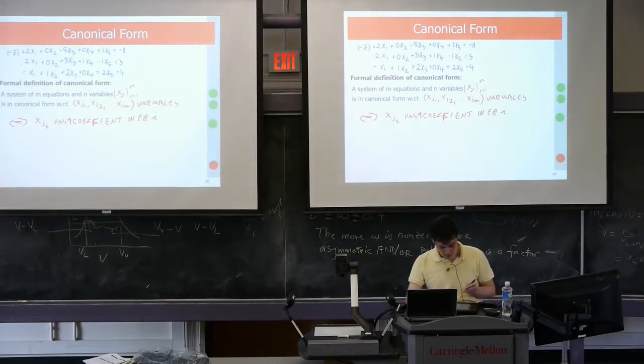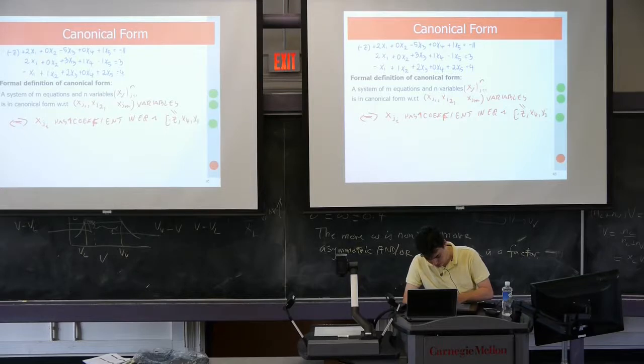So let me give you a concrete example, then it's easier to see. In this concrete example, this system is in canonical form with respect to minus z, x4, and x2.